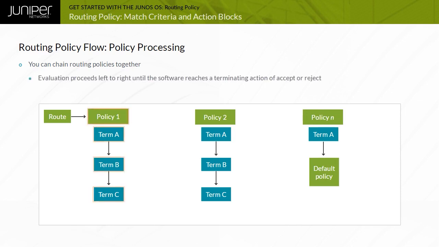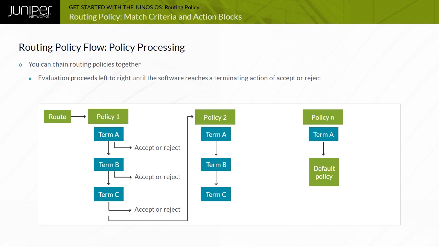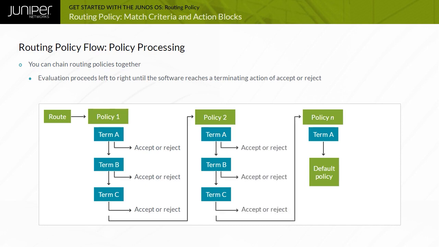Junos OS evaluates policies from left to right based on the order in which they are applied to a routing protocol. Junos OS checks the match criteria of each policy and performs the associated action when a match occurs. If the first policy does not match, or if the match is associated with a non-terminating action, Junos OS evaluates the route against the next policy in the chain.